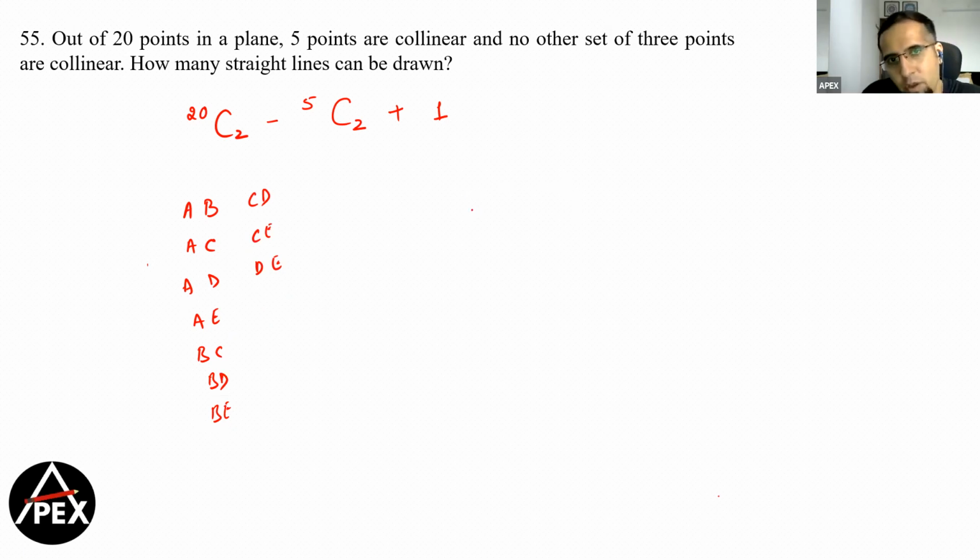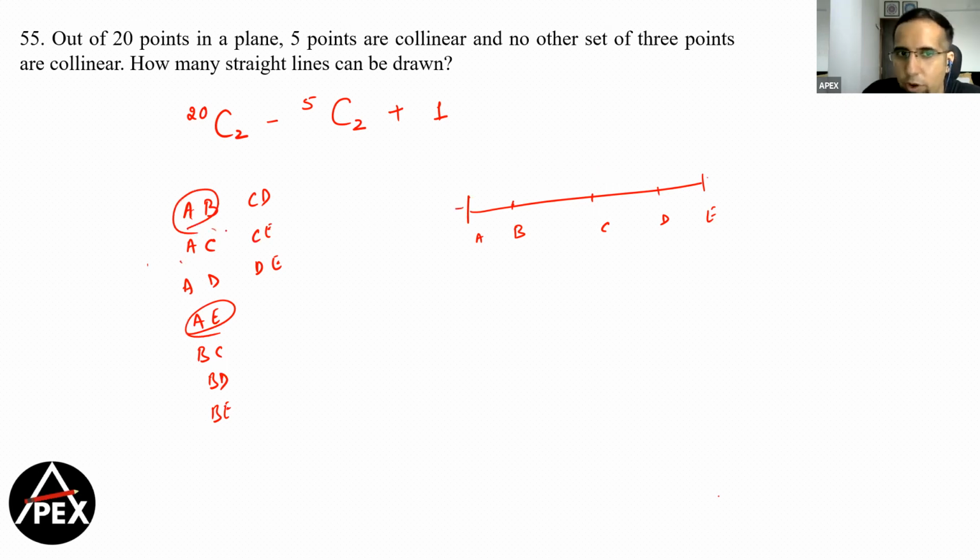Now, when they are on a straight line, let's say I have A here, B here, C here, D here, and E here. Now look at AE. If I'm considering AE, can I say AB is included in that? AB is already included.